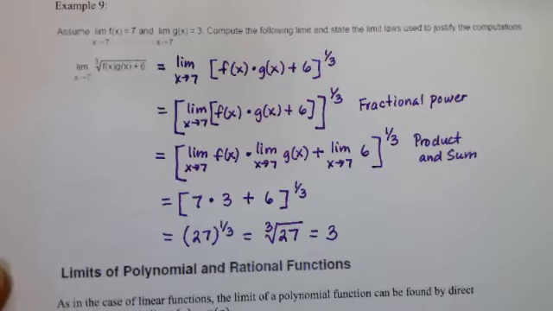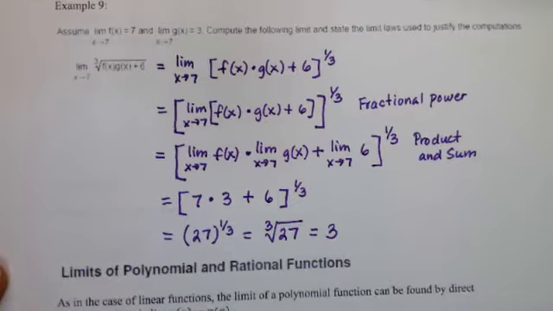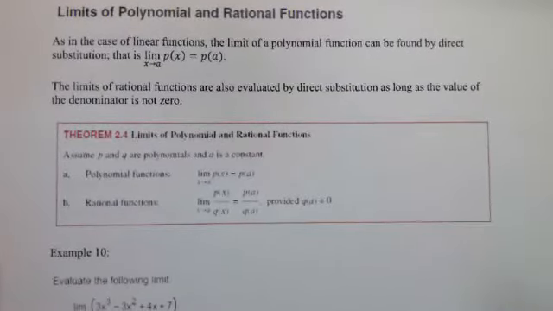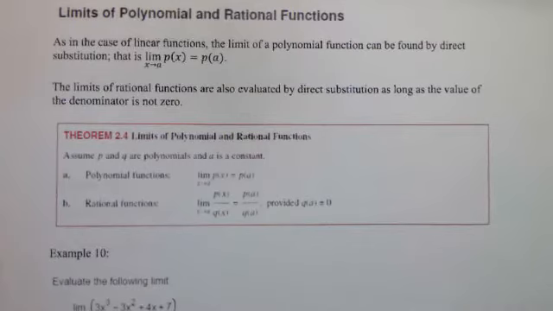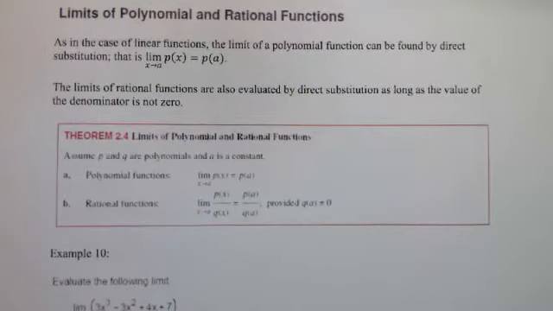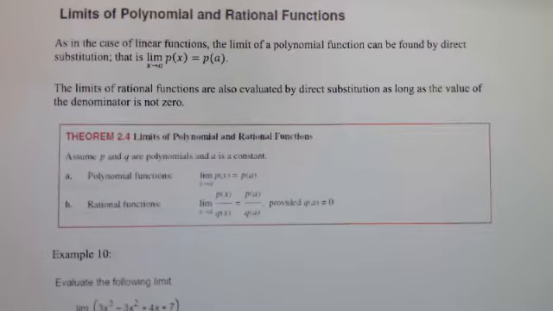Okay, so that's how we use those limit laws to evaluate or compute limits. Now let's talk about polynomial and rational functions. As in the case of linear functions, the limits of a polynomial function can be found by direct substitution. That is, the limit as x approaches a of p of x is equal to p of a. You just substitute the x with the value of a. The limits of rational functions are also evaluated by direct substitution as long as the value of the denominator is not 0.